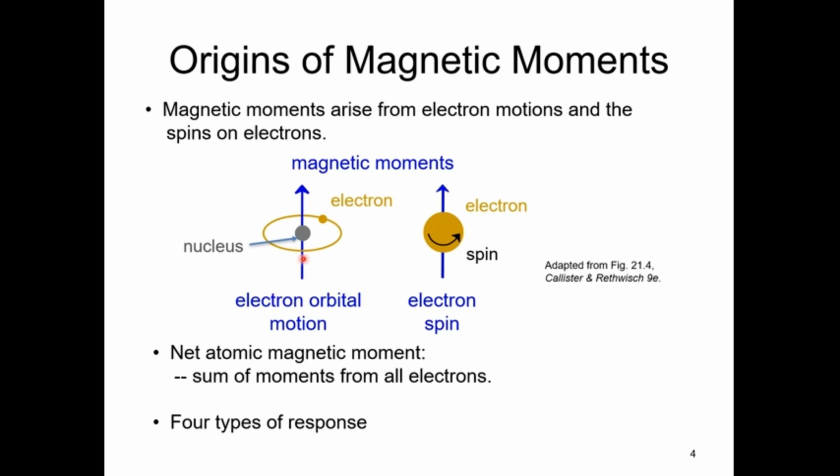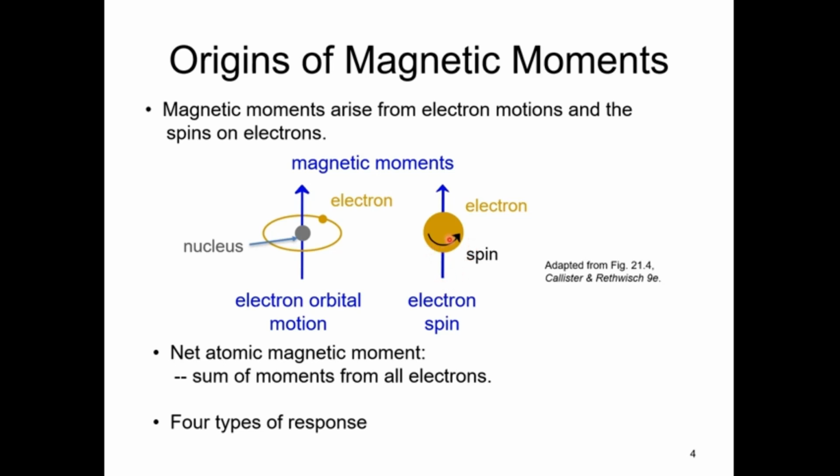The electron is also producing a magnetic moment from spinning around its axis. The electron is assumed to be spinning around an axis, with the moment directed along the spin axis.